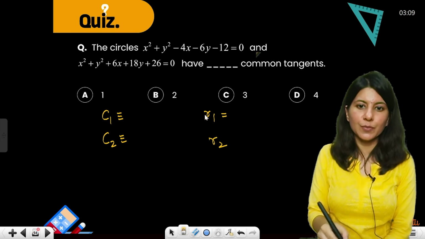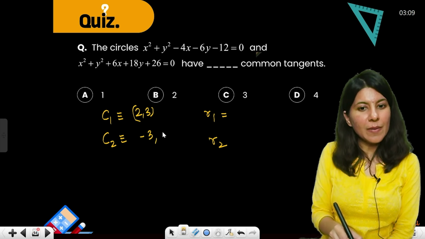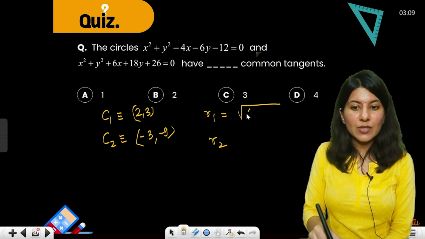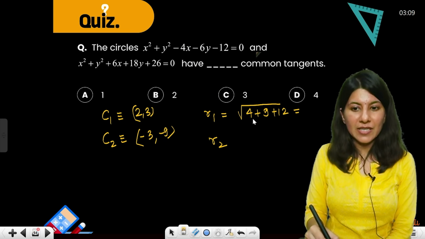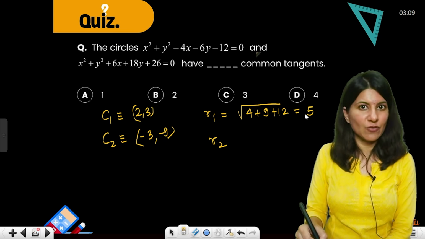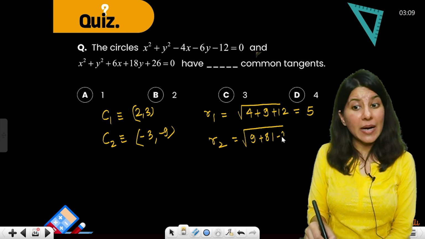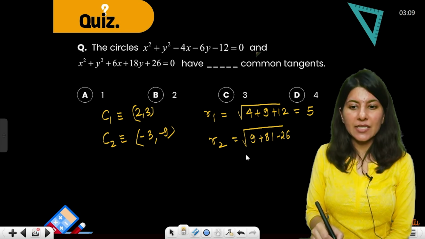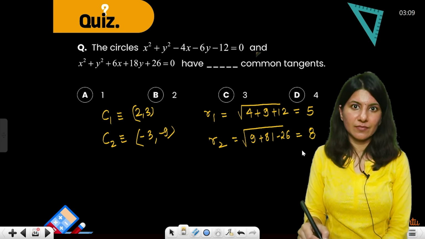Centers are (2, 3) and (-3, -9). R1 is the square root of 4 plus 9 plus 12, which is 16 plus 9, so the radius is 5. R2 is the square root of 9 plus 81 minus 26, so 90 minus 26 is 64, radius is 8.